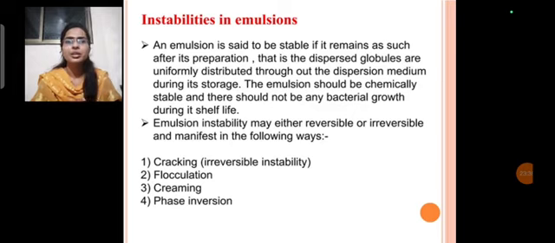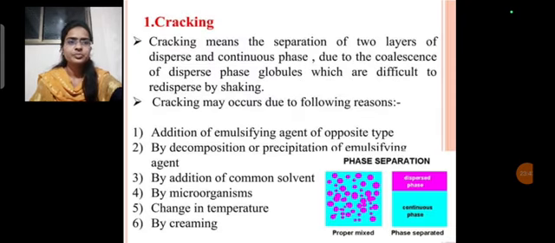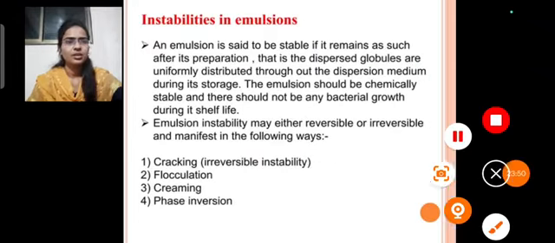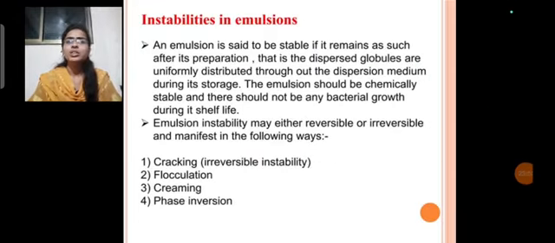At that time, we can say our emulsion is stable. Emulsion instability may be either reversible or irreversible. The instabilities that occur in emulsion are cracking, flocculation, creaming, and phase inversion.